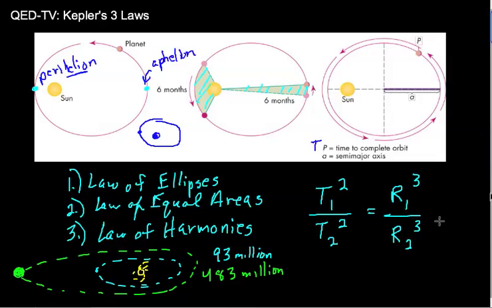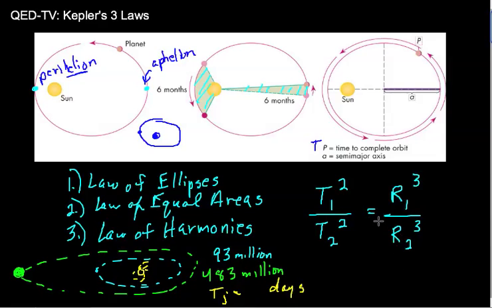Okay, I want to know how many Earth days it would take for Jupiter to go all the way around one time. So what is the period of Jupiter is what we're really asking, in days.